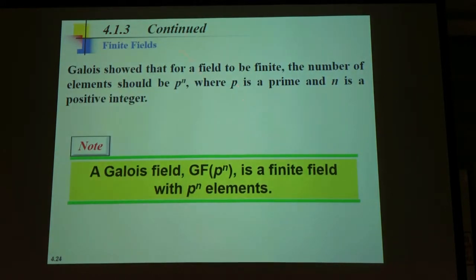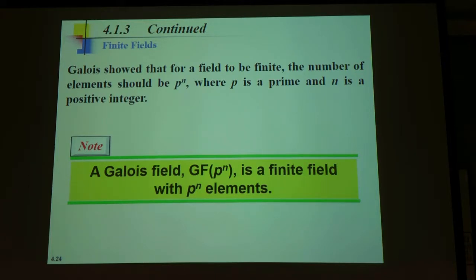Okay, so when you look at finite fields, Galois showed that for a field to be finite, the number of elements should be p to the power n. What is p? It's a prime number, and n is a positive integer.